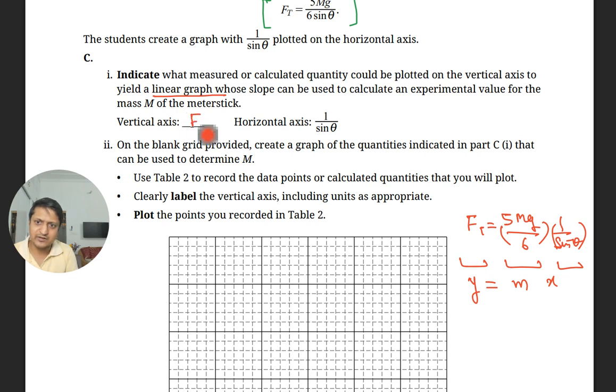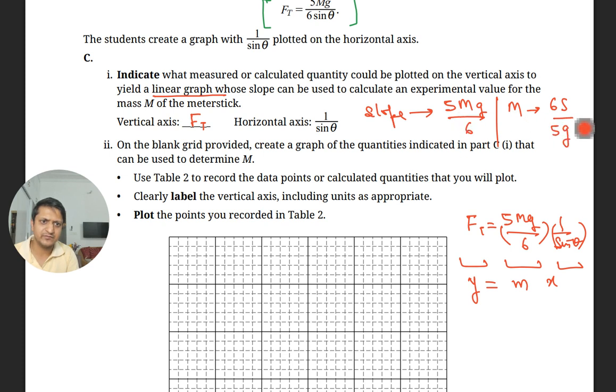So if I put the vertical axis as Ft, the slope will be 5 mg by 6. For that, the mass will be 6 into slope by 5g.